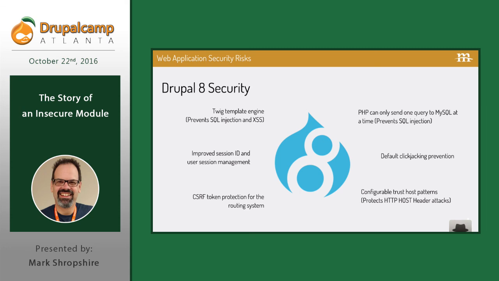PHP can only send one query to MySQL at a time. So that's a help, to not be able to stream a bunch of them in one call. So clickjacking prevention is in D8, a form of it. I did a little bit of research into this.